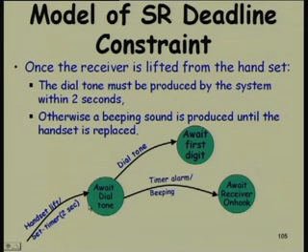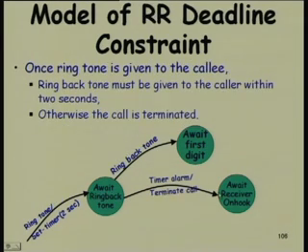If the timer expires before the dial tone could be produced by the system, then the system produces a beeping sound until the caller replaces the handset. Now, let us see the other example of a deadline of one response event from another response event.